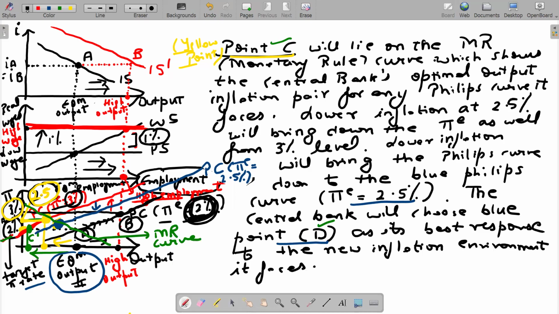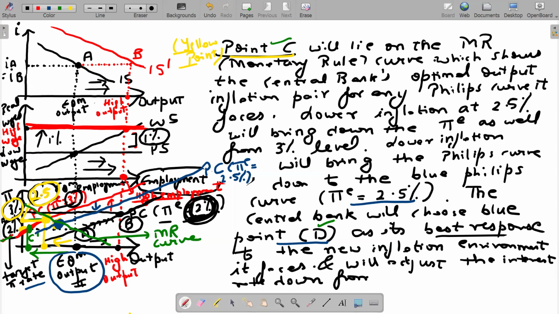So I can further write that the central bank will choose the blue point as its best response to the new inflation environment it faces, and will adjust the interest rate down from its peak.